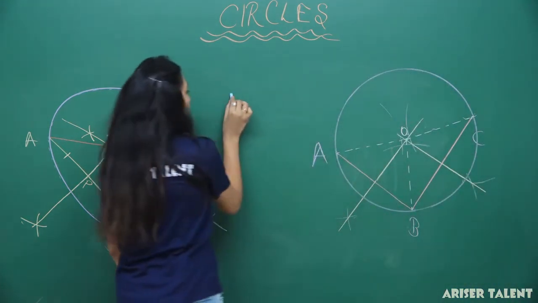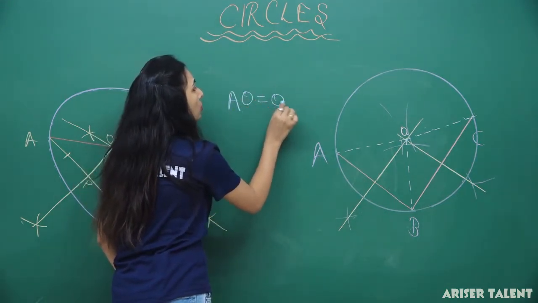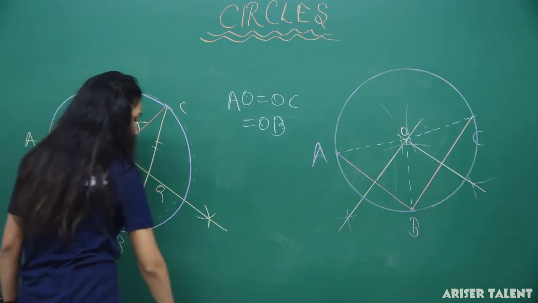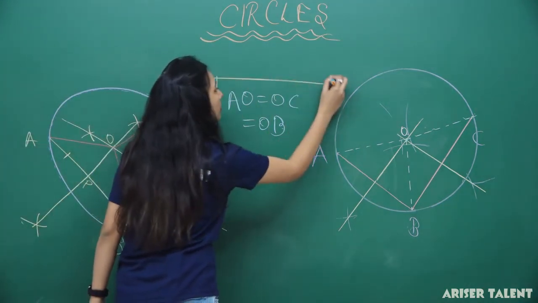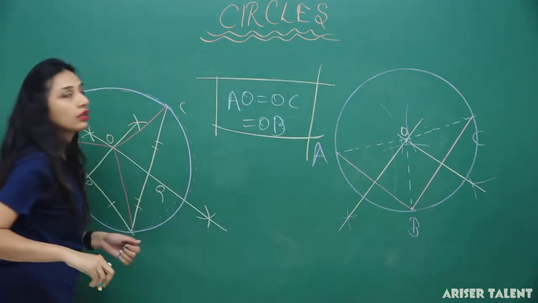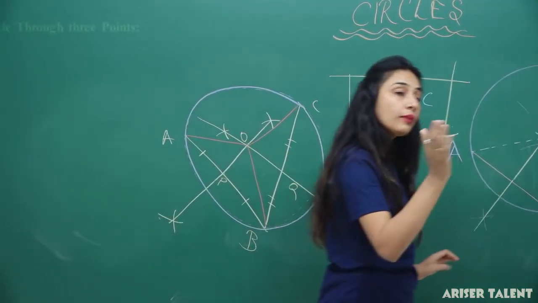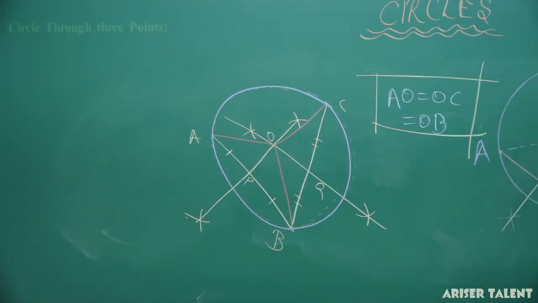So here OA equals OC equals OB. Right or wrong? So this is how you construct a circle through 3 points, right students? Note this.